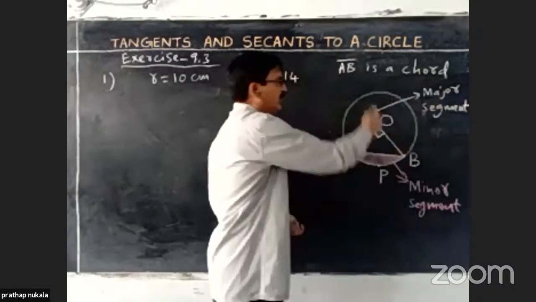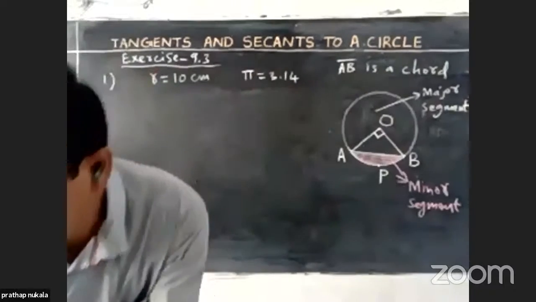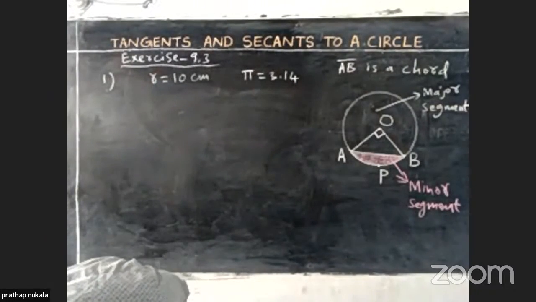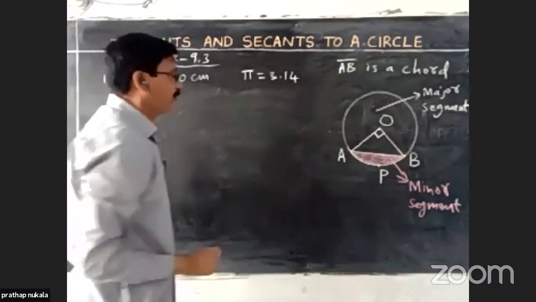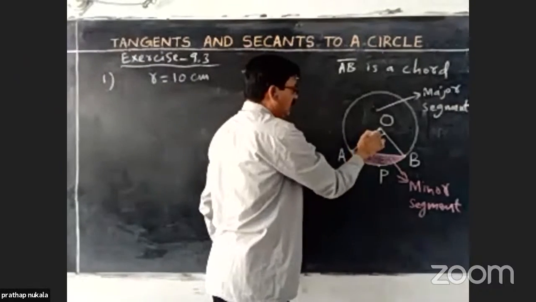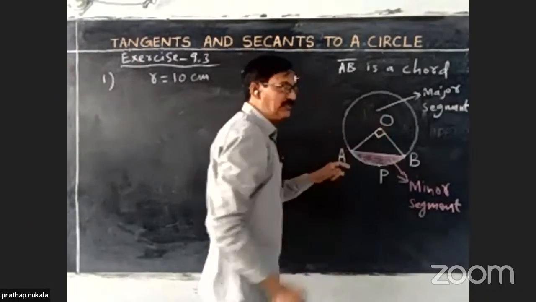We have to find the areas of these two segments. For that purpose, what is here? A triangle is here. Next, OAPBO, what is this?